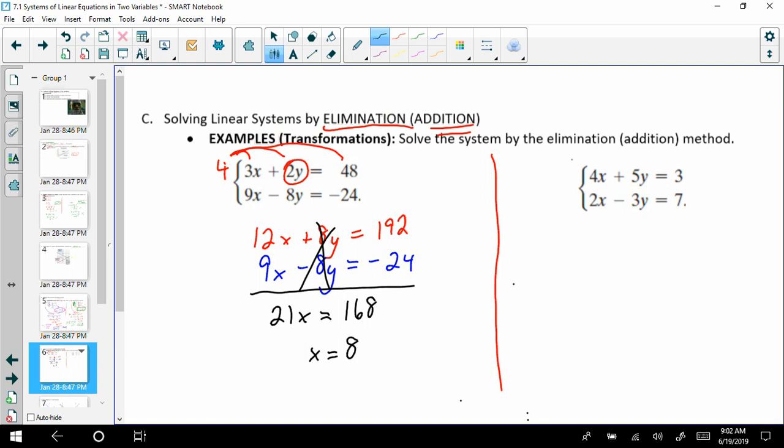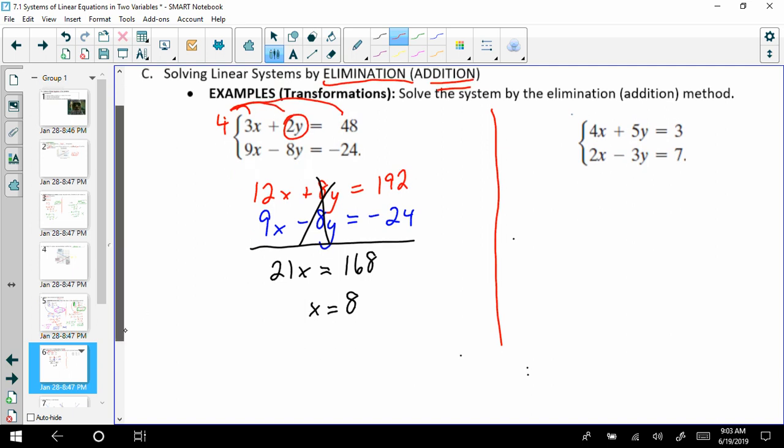So now the question is, how do I get the y answer? Well, we're going to do it just like what we did on the substitution method. I'm going to take my 8 and I'm going to plug it back into one of the equations. I don't care which one. Let's do the top one. So 3, and instead of x, I'm replacing it with an 8, plus 2y equals 48.